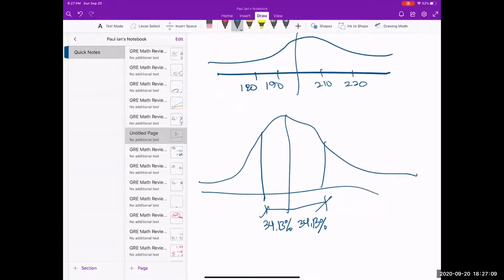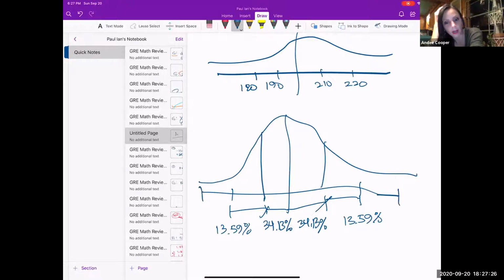And once you get to 2, it goes down to like 13.59. These percentages never change, even whatever scenario you have, it's a normal distribution, a bell curve. So 1 standard deviation on either side of the mean is going to be about 2/3.